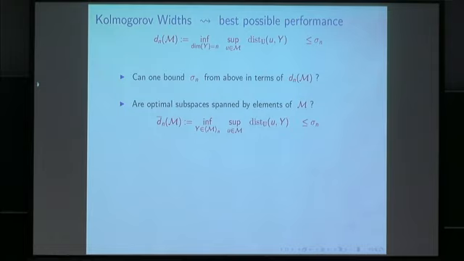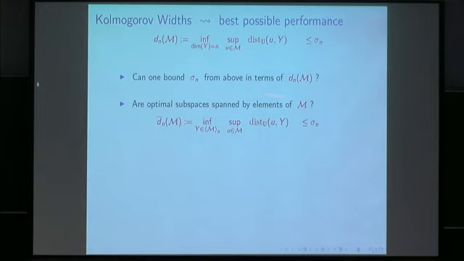These are called linear Kolmogorov widths, and we can consider the bound sigma n from above. Obviously our result sigma n from this algorithm would be bigger than this number, but we want to see whether we can find such a number.